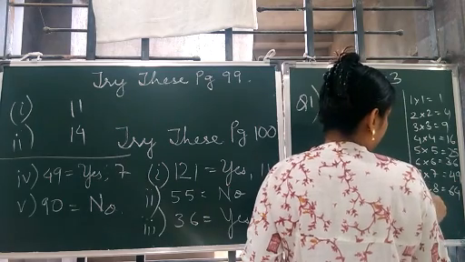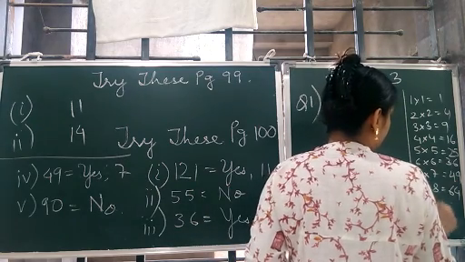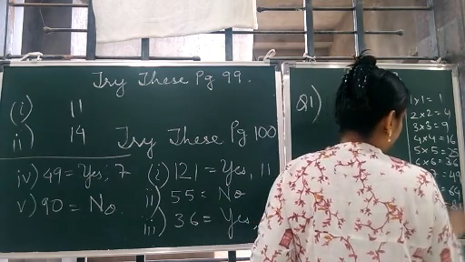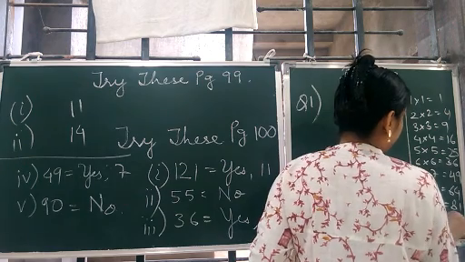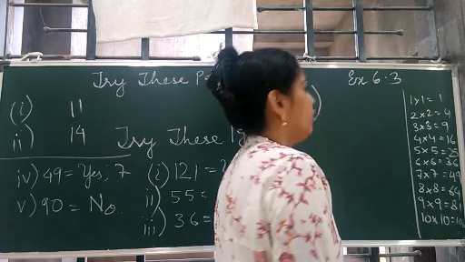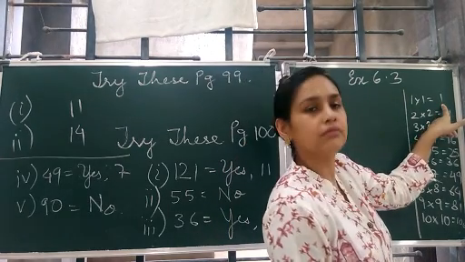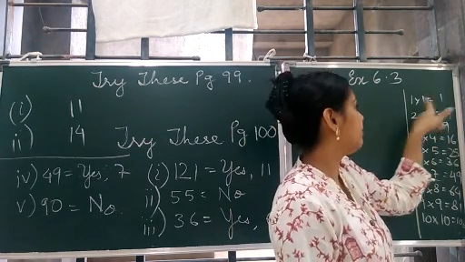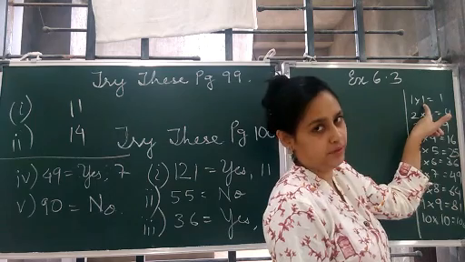Now 9 9s will give you 81. 10 10s will give you 100.